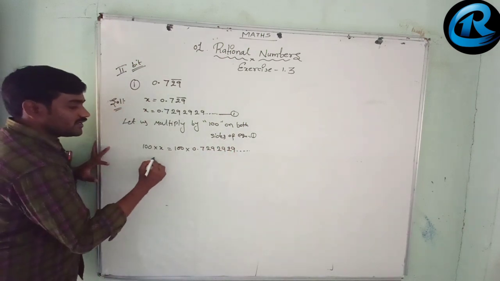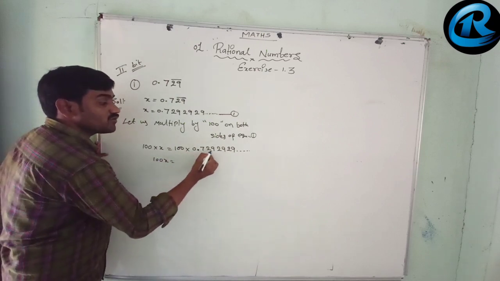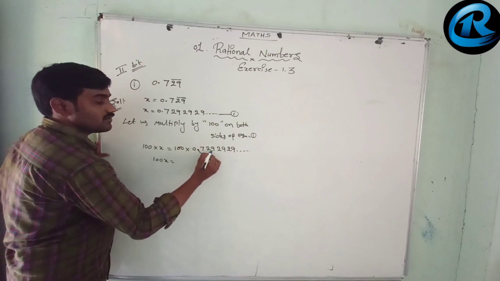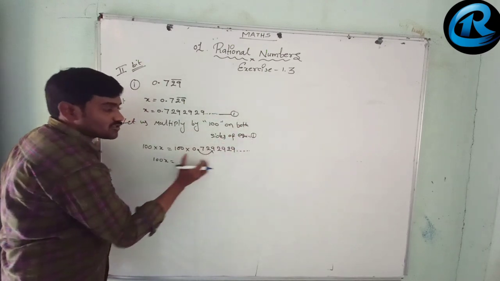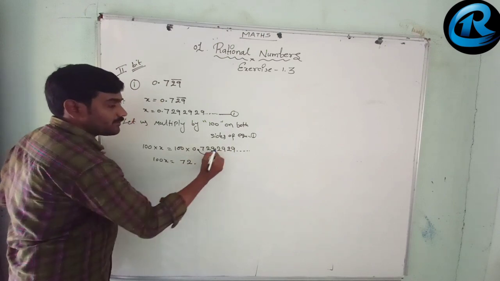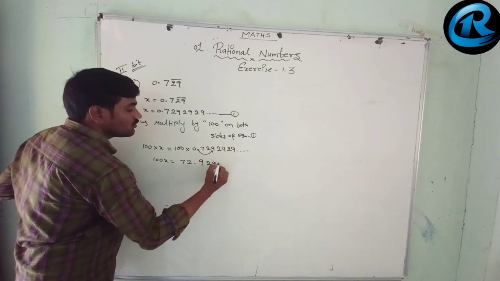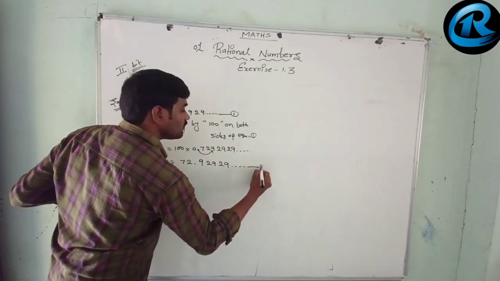Now 100 into x is 100x, and the decimal point will move 2 digits. Why are we multiplying by 100? Actual multiplication also gives the same. So it becomes 72.92929 and so on. This is equation number 2.